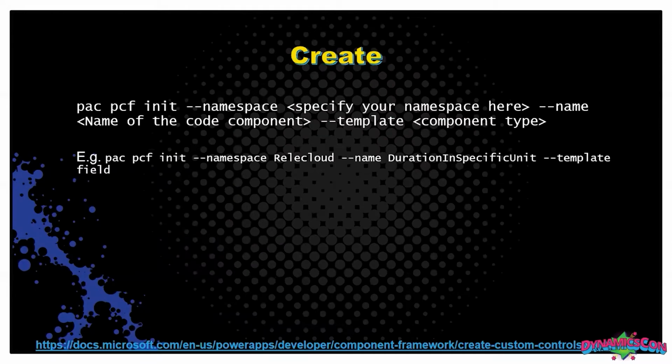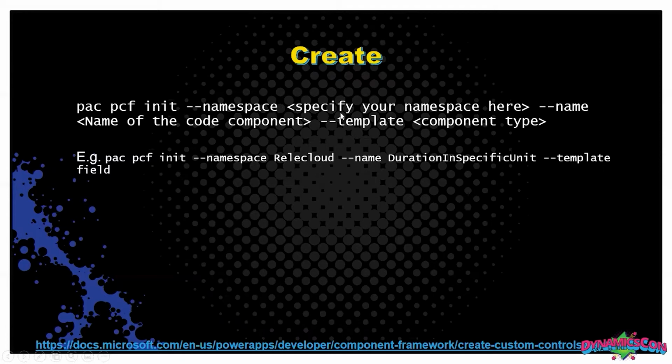In order to create for the very first time, you just initialize. You call this command in the Power Apps CLI tool, and the format is pac pcf init. Init means initialize.